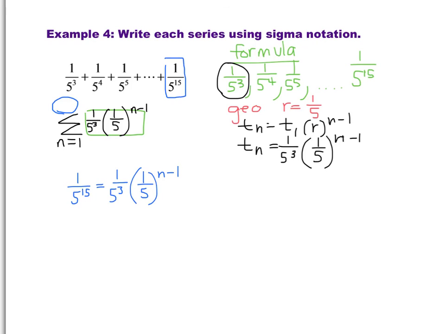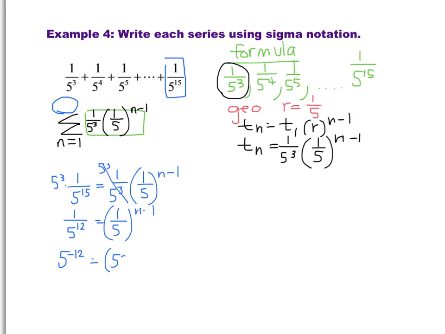So let's see, one thing I could do is multiply by 5 cubed on both sides just to get rid of this. So that'll become 1 over 5 to the 12 equals 1/5 to the n minus 1. Notice here we can get like bases and then set our exponents equal. So this is like from chapter 10. We can rewrite this as 5 to the negative 12.